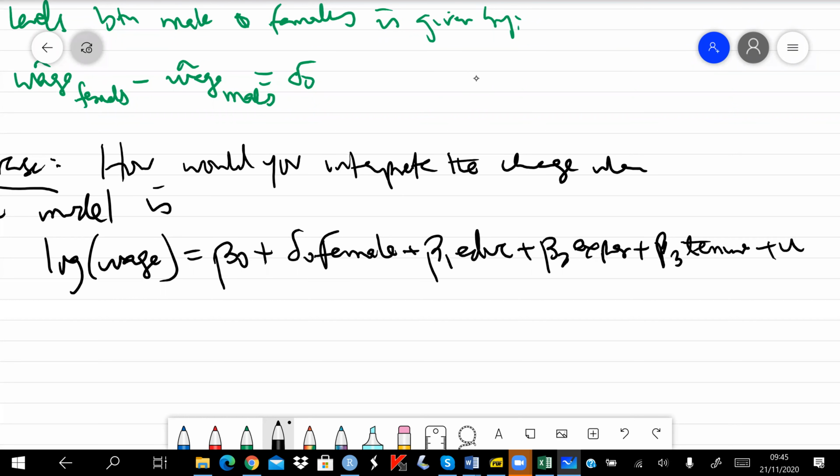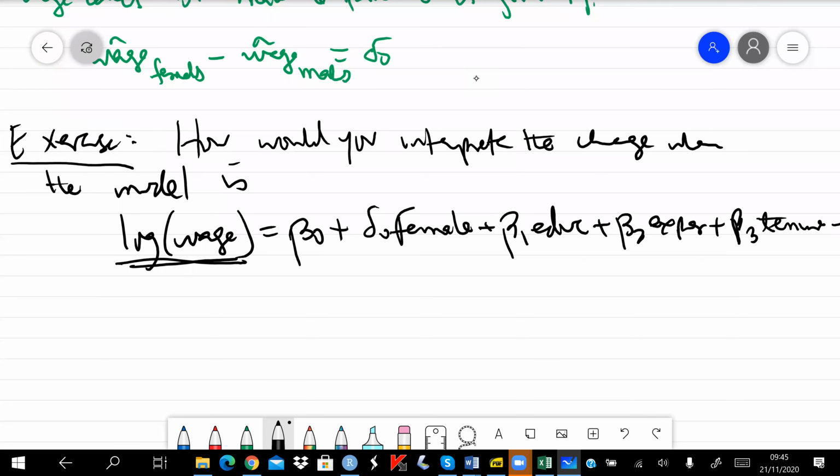If that is your new model where you transform the dependent variable, how would you interpret the difference between the level of wage for males and females?